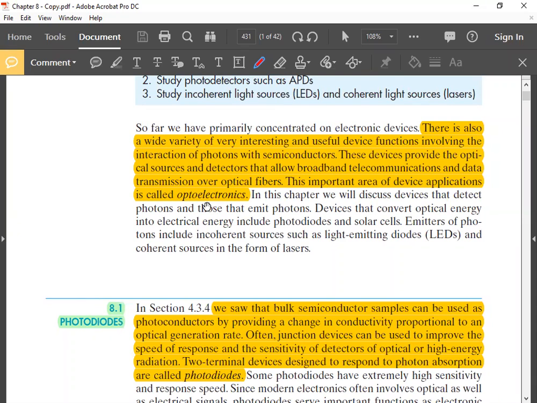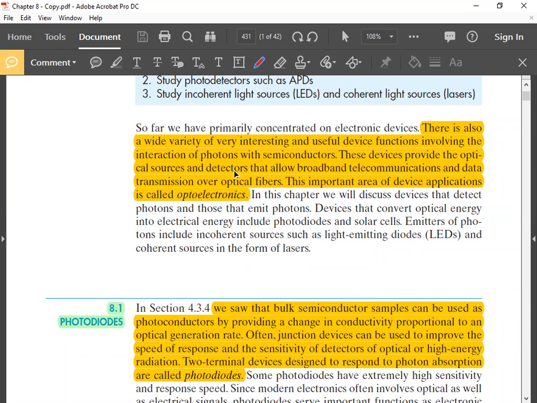These become useful. And in this type of application, an optical source is required. Optical source means you have to generate the light somehow, which you will be sending. And also a detector is required at the receiver side, where you detect the light, and by detecting that light you extract the data from it.